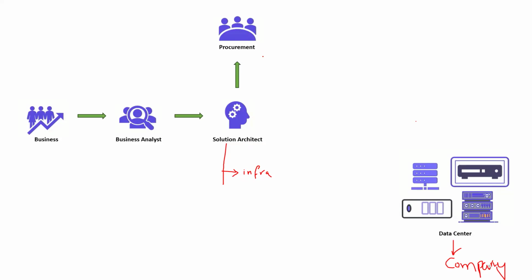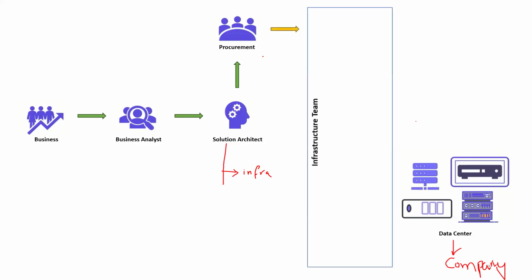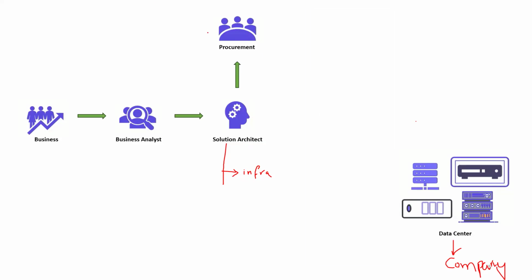If additional hardware is needed, they have to order it via the procurement team. The procurement team will connect with the vendors team, and create a new request to them.